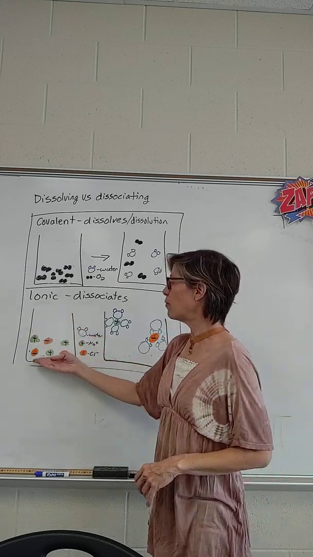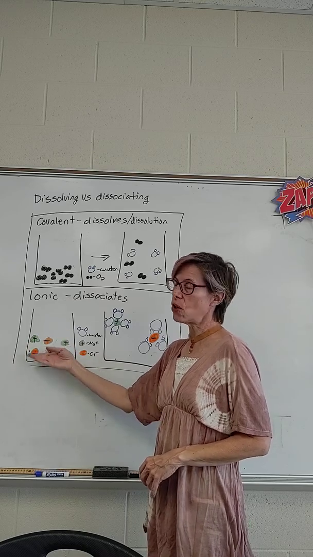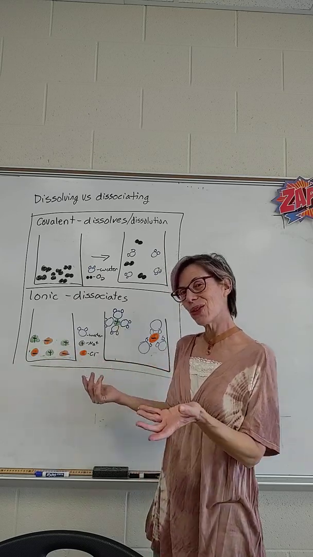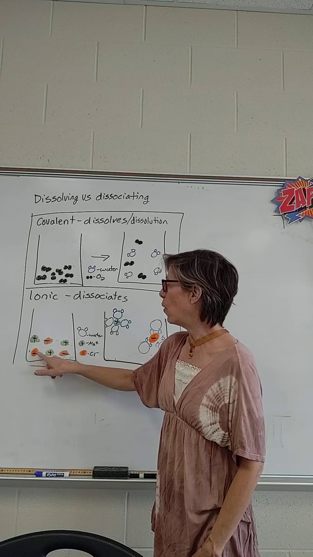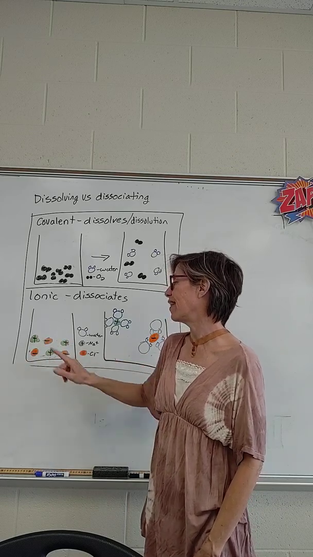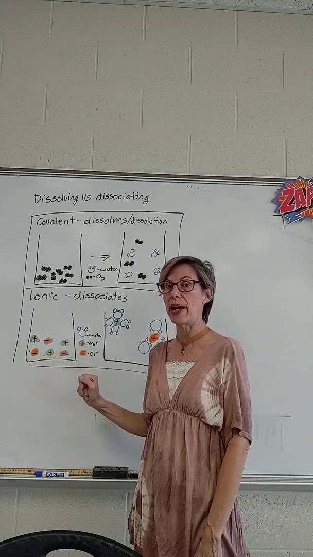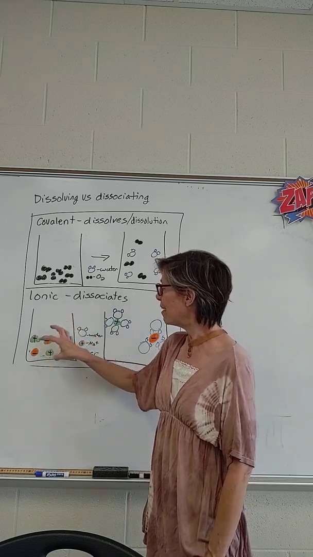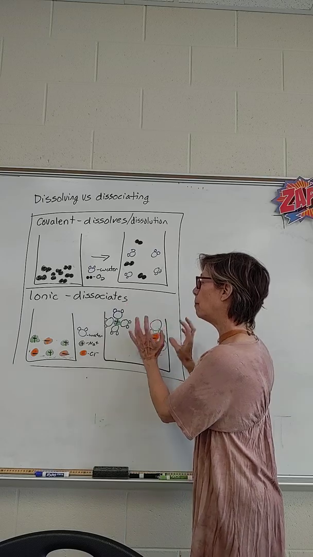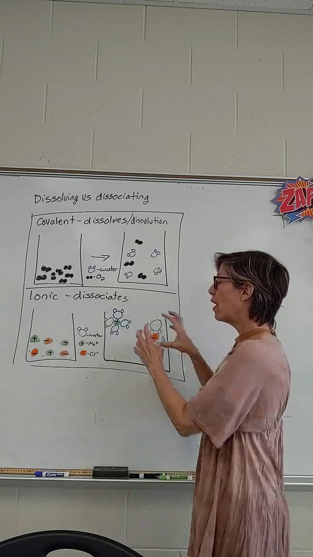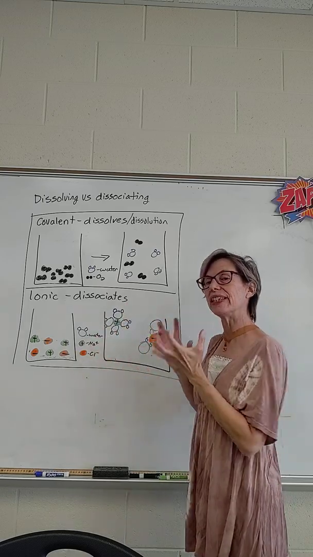So let's say that we have sodium chloride here. We have some salt crystals. And just like we drew in a previous video, we have alternating cations and anions. We have alternating positive and negative charges, making kind of a checkerboard pattern here. When we take that salt crystal and we put it into water, they separate out completely.